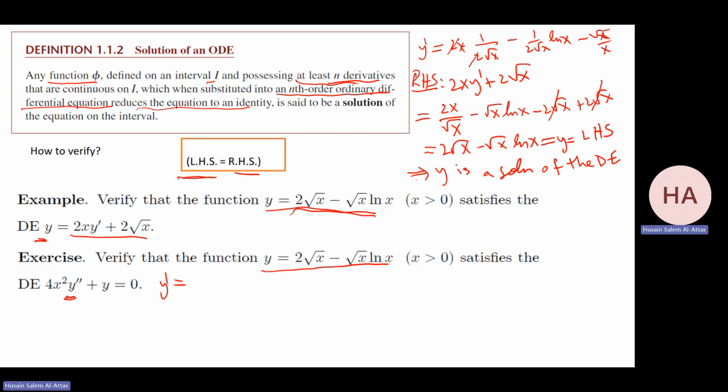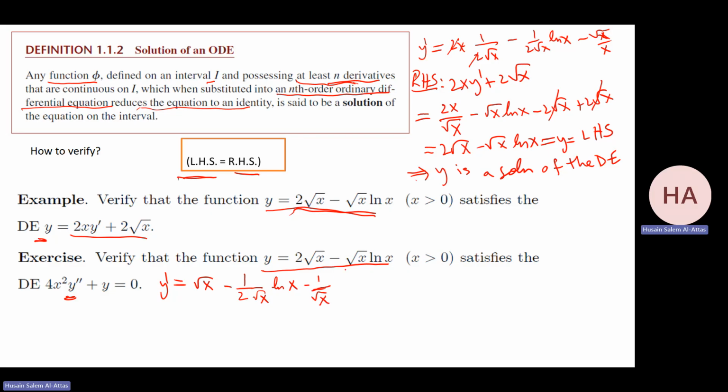Y prime will be, we can simplify it, x over square root of x, that will be square root of x, minus ln x. Let me make it a product: 1 over 2 root x times ln x minus 1 over root x.